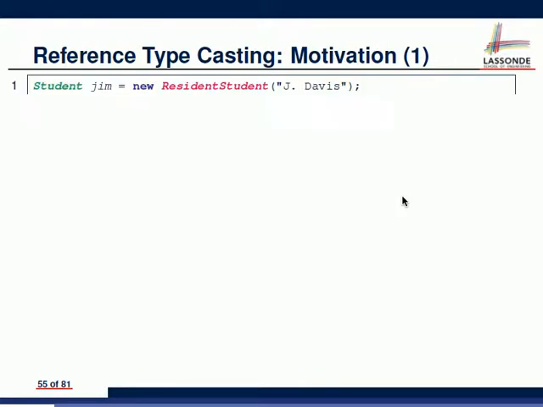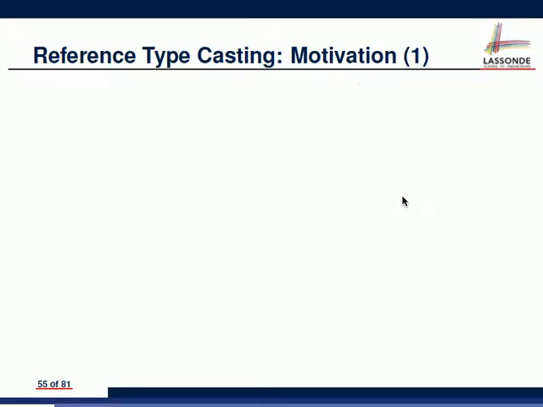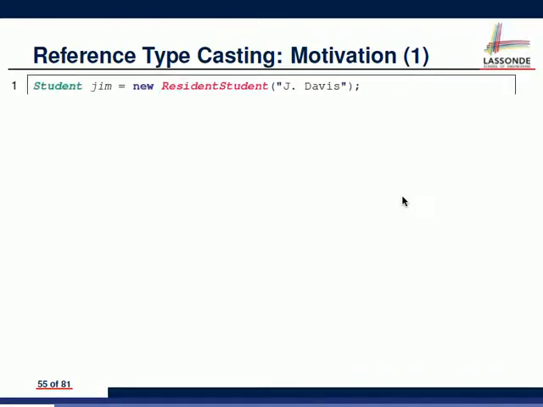Let's now talk about why we need typecasting, which goes back to your original question. Let's go over this carefully. Let's say we have Student Jim assigned to new ResidentStudent. First of all, does this line compile? It compiles, I agree, but why?